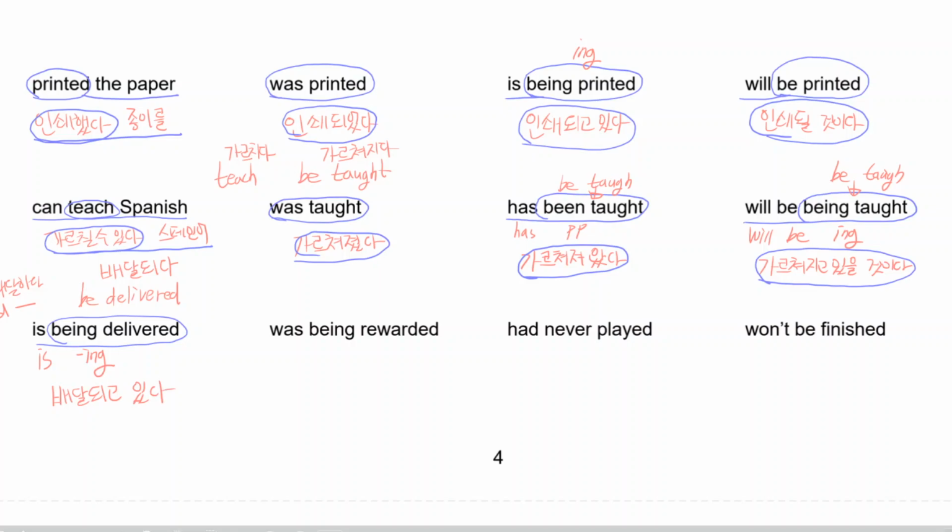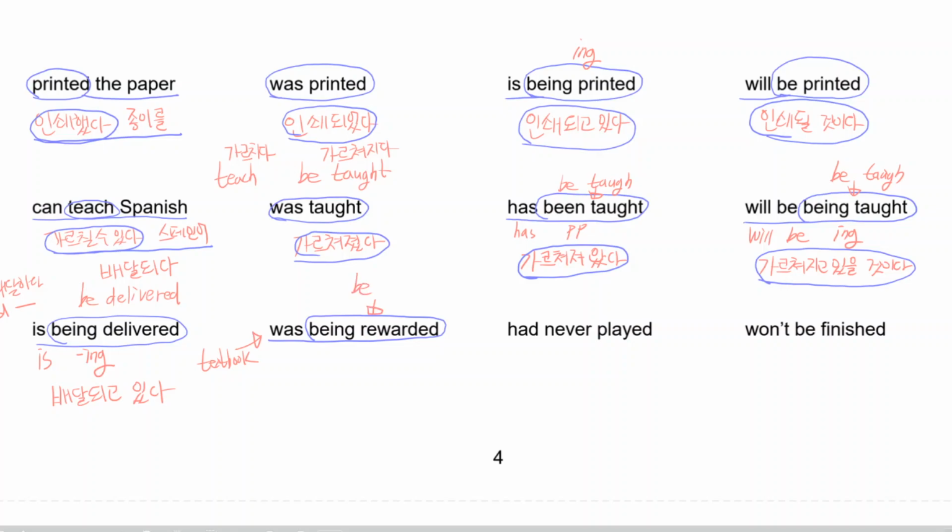How about the next one? This one is from the textbook, actually. Yes, was being rewarded. Okay, do you see the verb here? Where does the circle go? Rewarded or being rewarded? Yes, being rewarded is BPP, and was is underlined, just like this. Okay, so what did we put here?